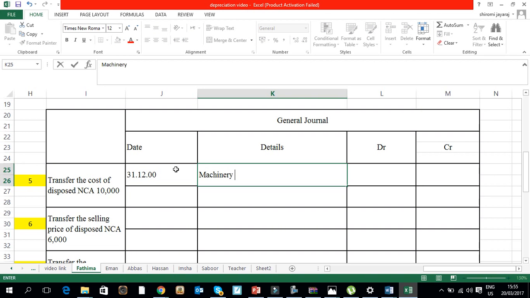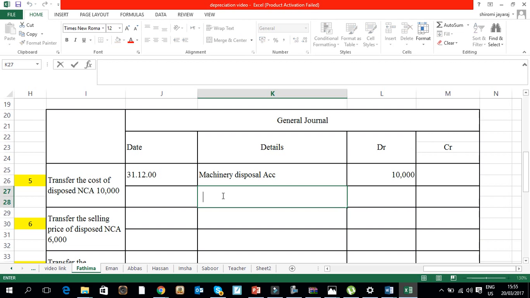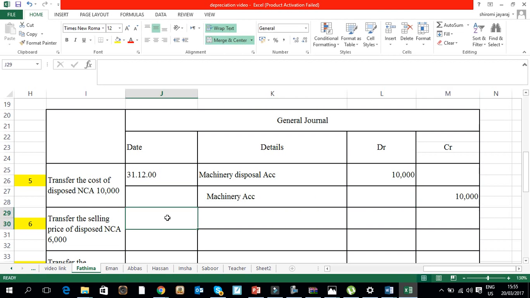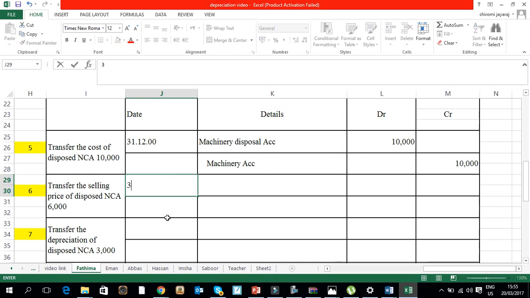Transferring the cost of disposed NCA, as at 31st 12 2000: machinery disposal account debit worth 10,000, and then machinery account credit worth 10,000. Now the next step is to transfer the selling price. 31st 12 2000.